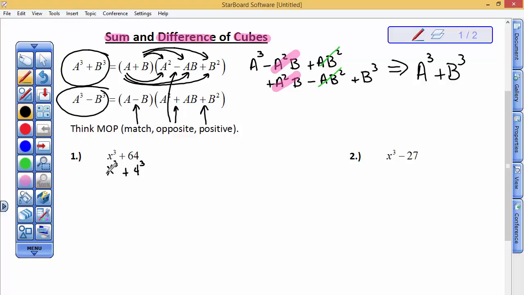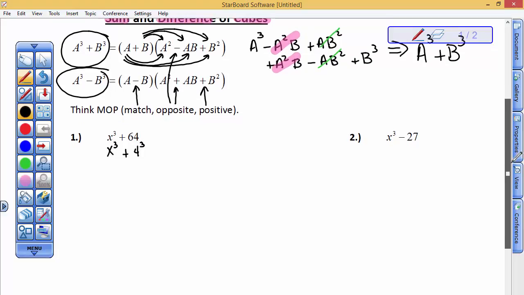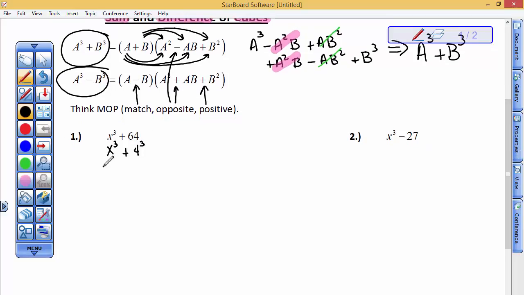Finally, in this x cubed plus 64, what I have to think of is the letter x gets cubed and the number 4 gets cubed to give me 64. Therefore, I'm going to plug in for a in that formula the letter x because a is cubed. X is cubed. So a is the letter x. In this problem, b is the number 4, because 4 is what it is cubed.